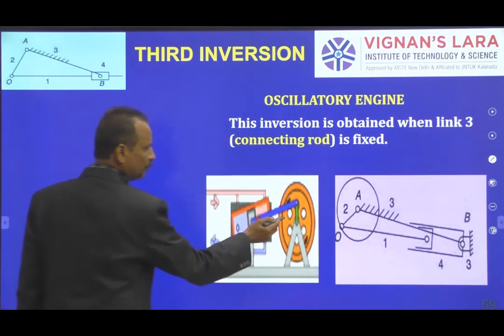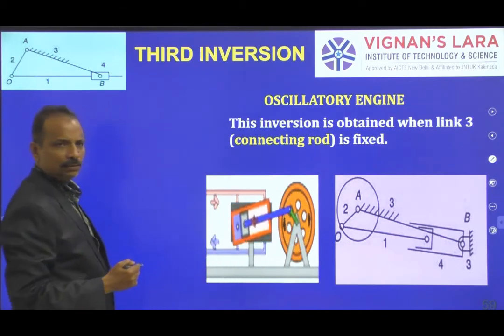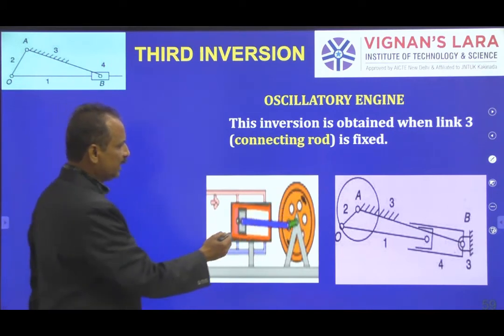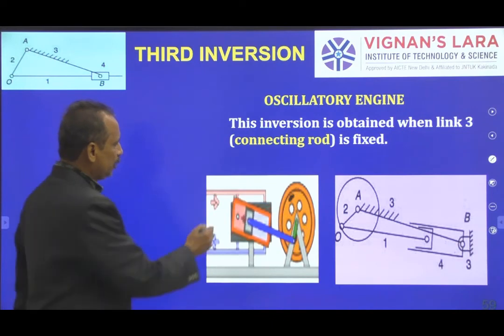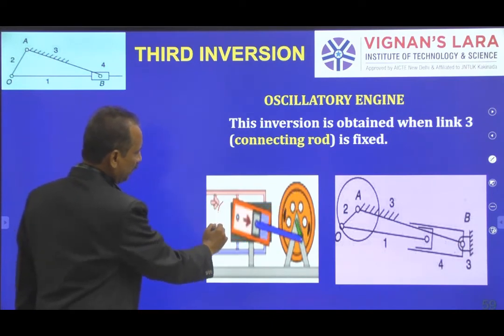This green one is the crank, which is rotating, and you can see the piston sliding. Then your cylinder is pivoted at one point, so the cylinder is oscillating.